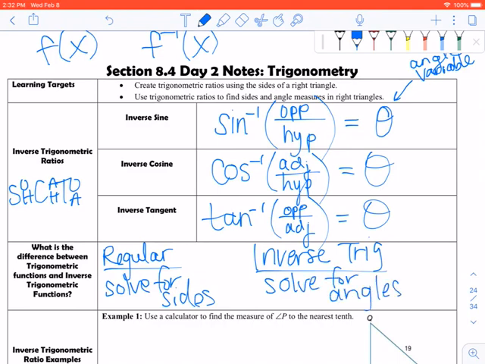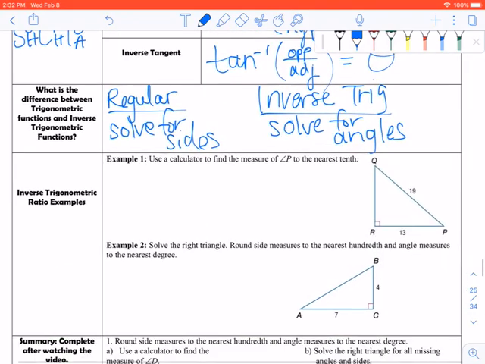Usually when I'm solving for a side, I'm given at least one side and one angle in the triangle. With solving for angles, I'm given at least one side. So I'll have two or more sides given, and then I can use that to solve for the angle. These are set up the same way. We're only going to do two examples because it is very similar to the part 1 video.